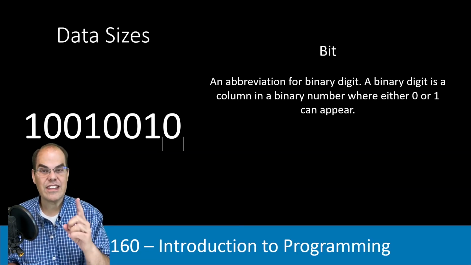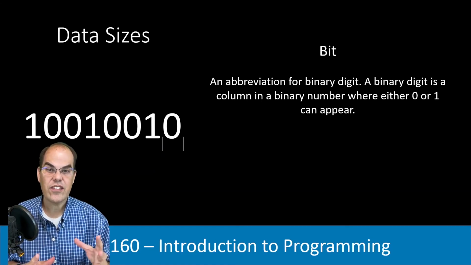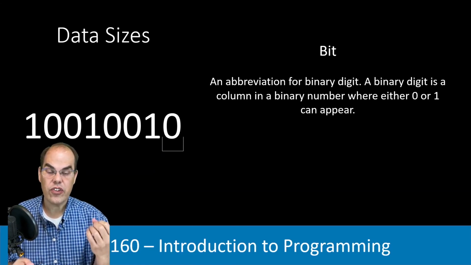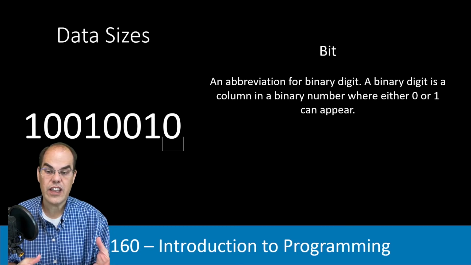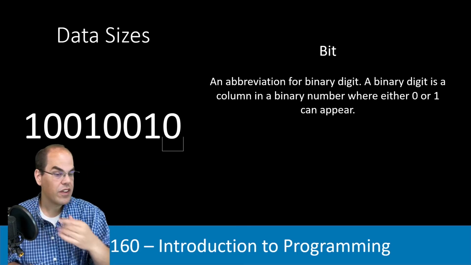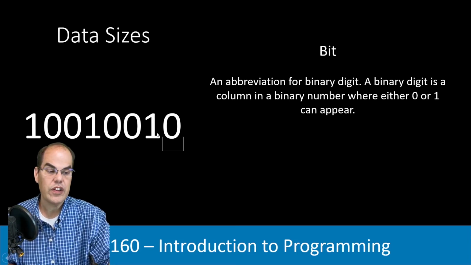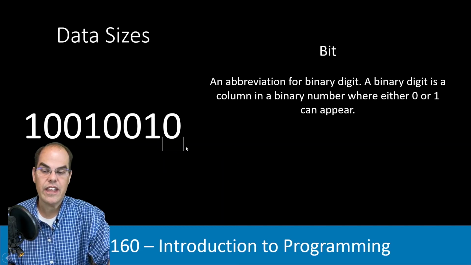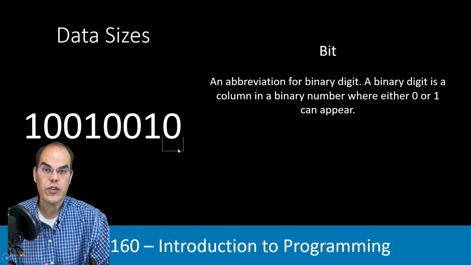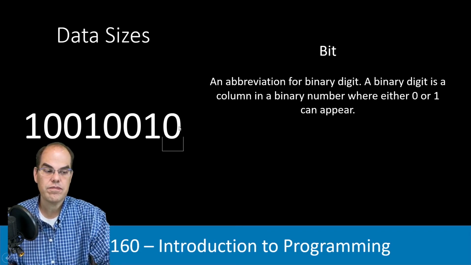But the bit is like a single switch. It's either yes or no, or it's either on or off, or it's either a 1 or a 0. You can see in this picture the little bracket here that signifies the 1 or the 0. It's one piece of information.